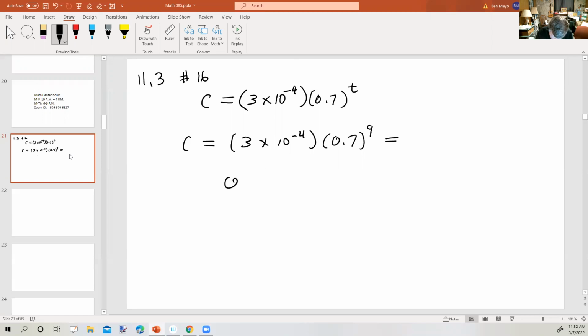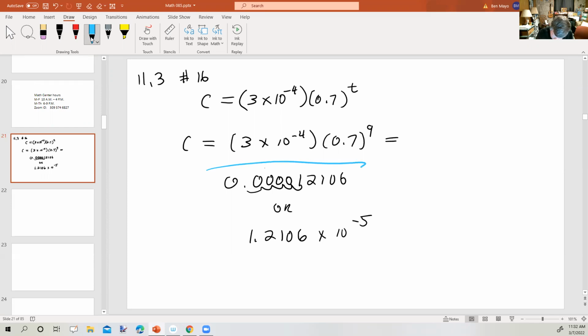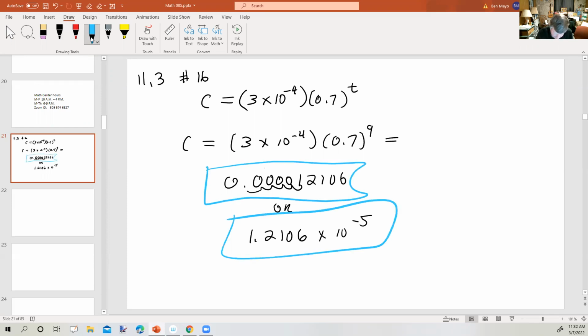And I get 0.0000121006. And by golly, that is 9 decimal places. So there's the answer. Or you could write it in scientific notation, 1.2106 times 10 to the negative 5th power. So either this answer or that answer. Any questions on that?